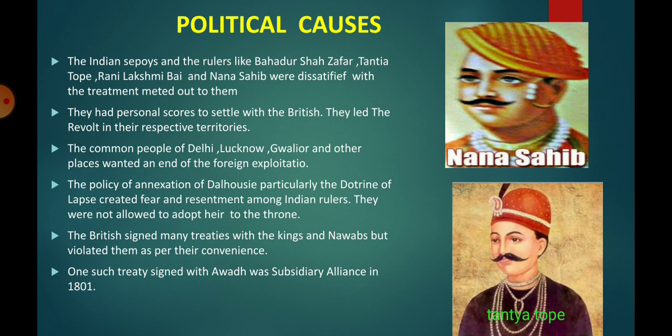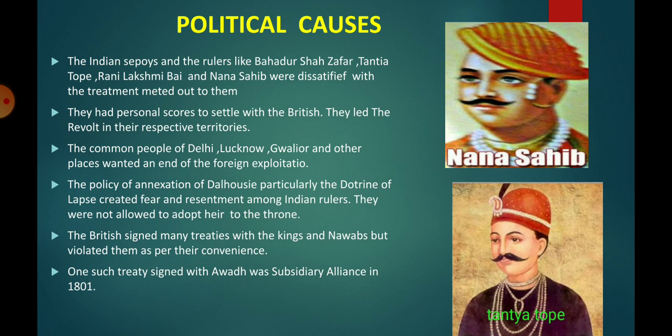Subsidiary alliance means the British wanted to protect the Indian rulers by providing some soldiers and an officer in the court of the king or Nawab. For that cause, the king also gave some maintenance charge to the British.